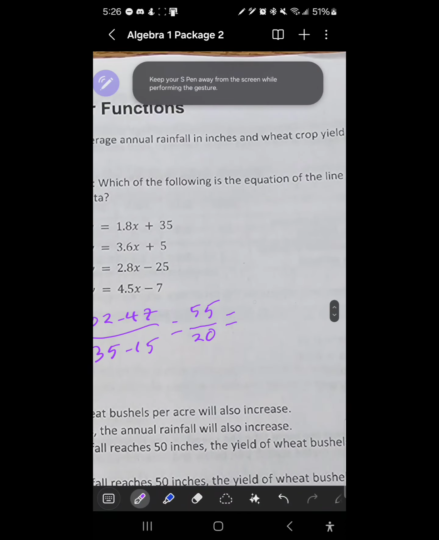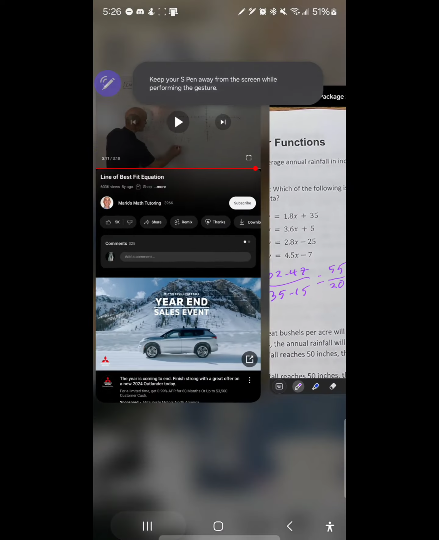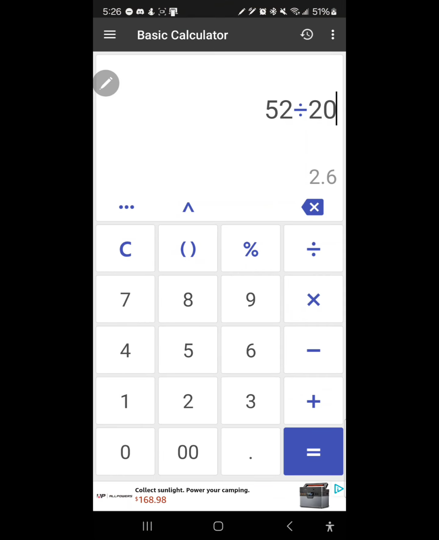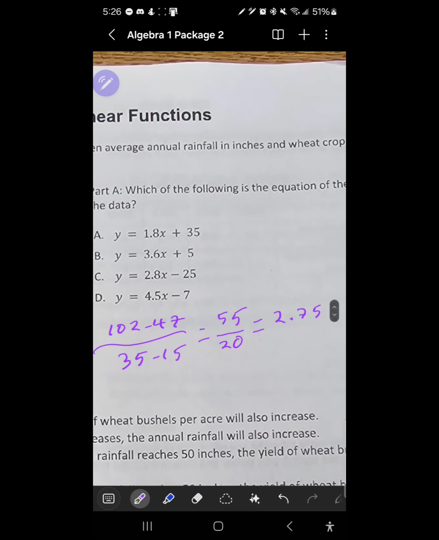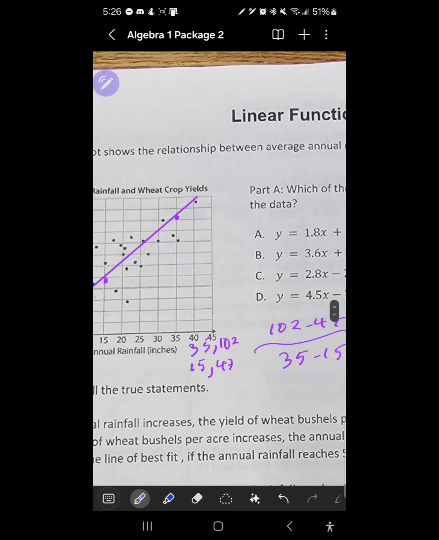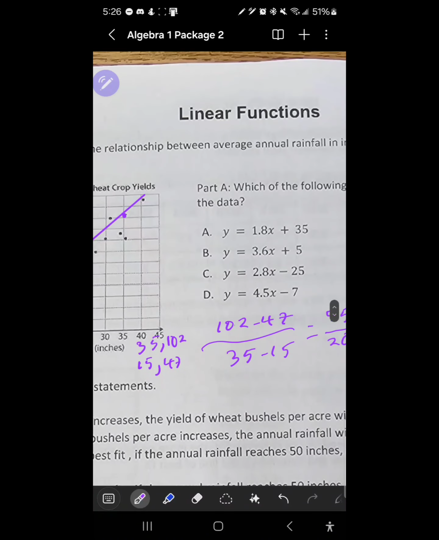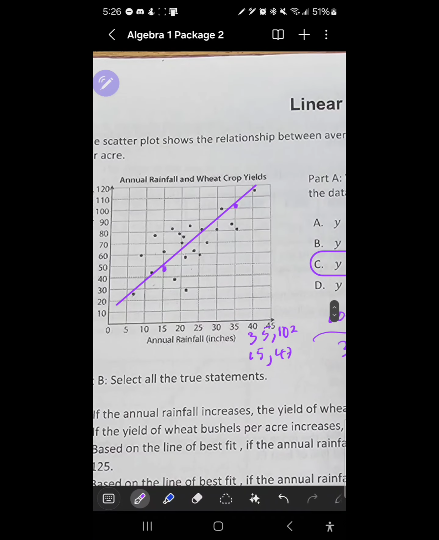And when I do this division, I get 2.75. Yes, that's the answer. I can see here that the nearest slope is 2.8. So I could say that this is going to be our answer.